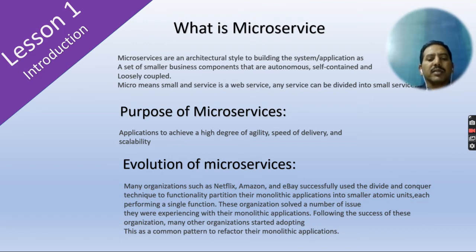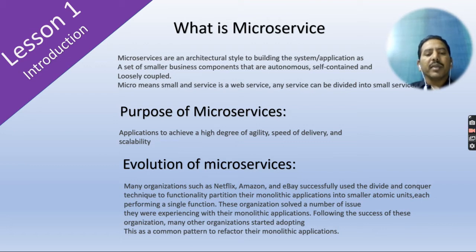Applications need to achieve a high degree of agility, speed of delivery, and scalability. Apart from these, there are other features also available. This agility means it can support agile mechanisms, and speed.